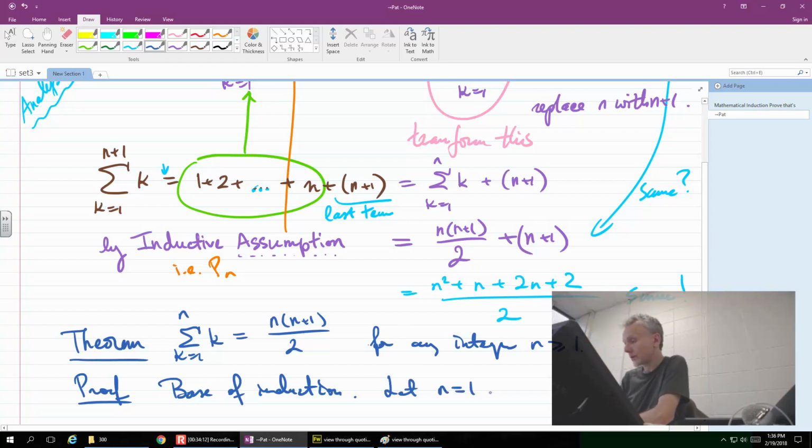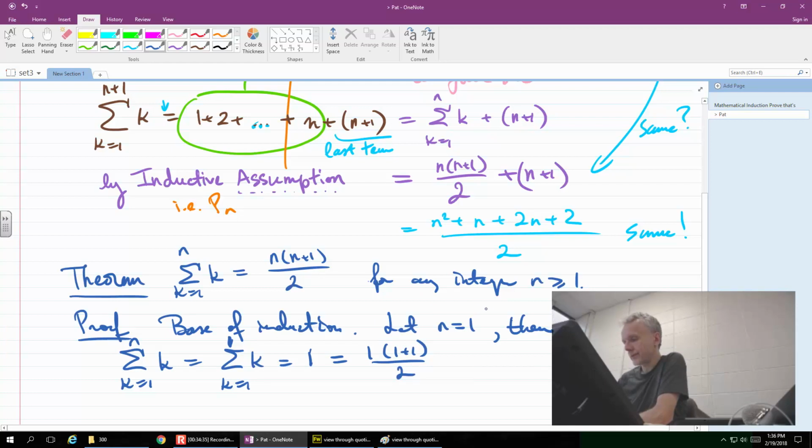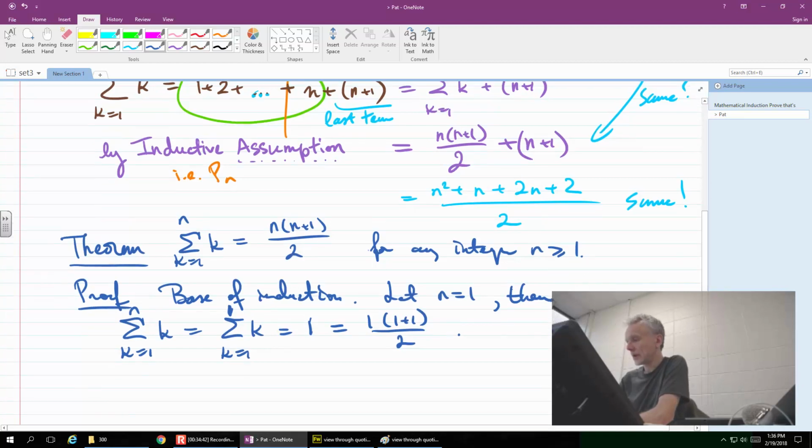We already did the work, so we can just write out: the sum of k from 1 to n of k is the summation of k from 1 to 1, which is 1, which is equal to 1 times (1+1) over 2. True. So the base of induction is proven.